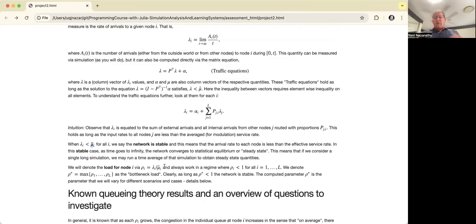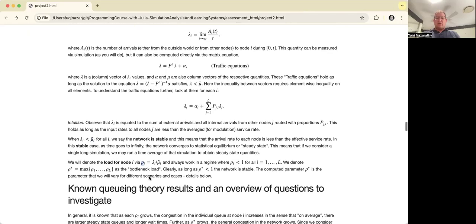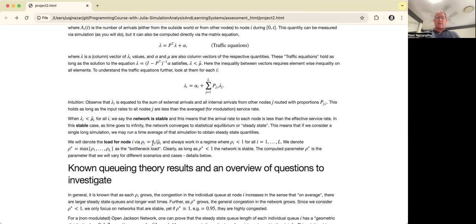So how do we quantify the stability? Well, we can call rho i the load of a server. That's going to be the rate of arrival divided by the effective service rate, this mu tilde. Again, the effective service rate, mu tilde, captures the modulation between slow and fast. Okay.